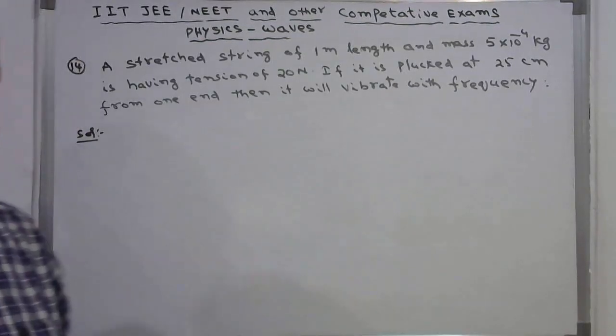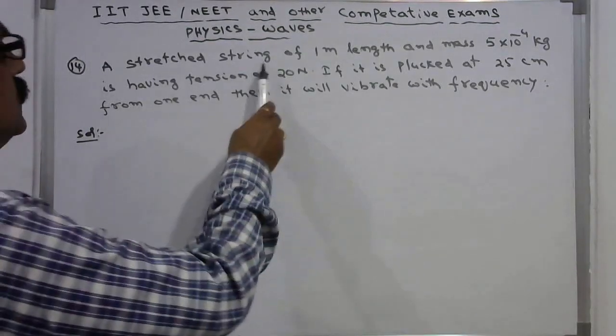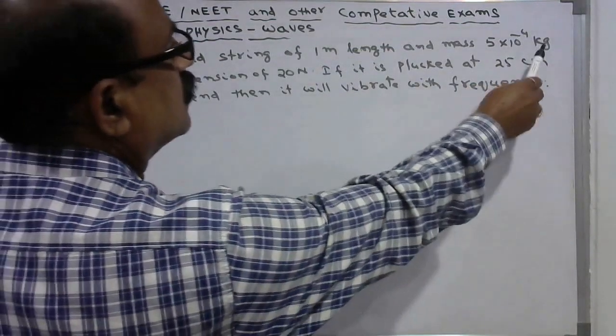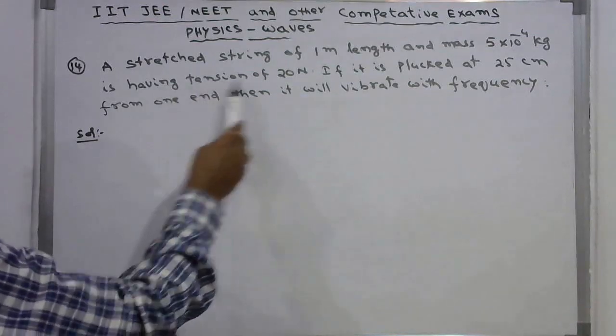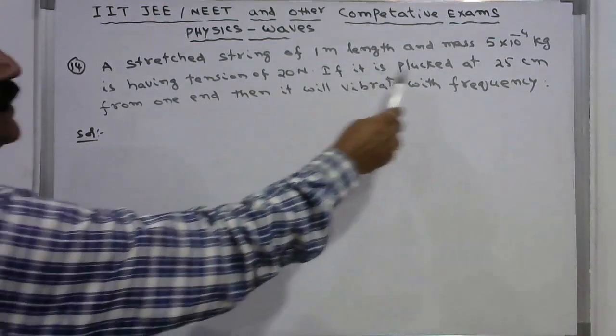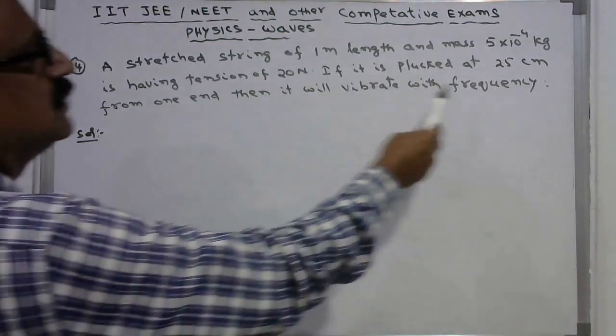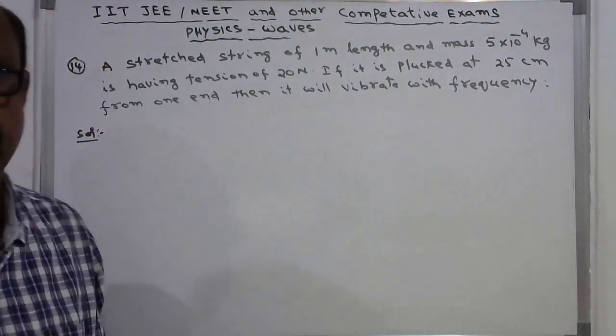So in this problem, a stretched string of 1 meter length and mass 5 into 10 power minus 4 kilograms is having tension of 20 newtons. If it is plucked at 25 centimeters from one end, then it will vibrate with what frequency?